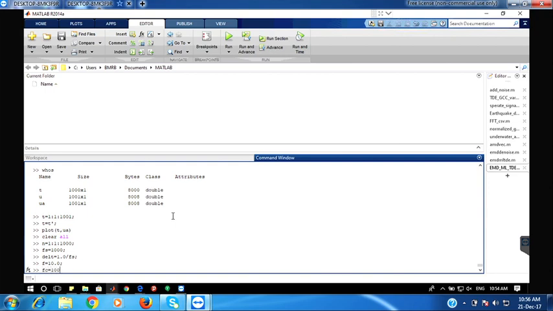Fc is 100.0, the carrier frequency. t is equal to n star delta t. Okay. And then I will generate y is equal to 10.0 star sine 2.0 star pi star f star t, and then dot star sine 2.0 star pi star fc star t.